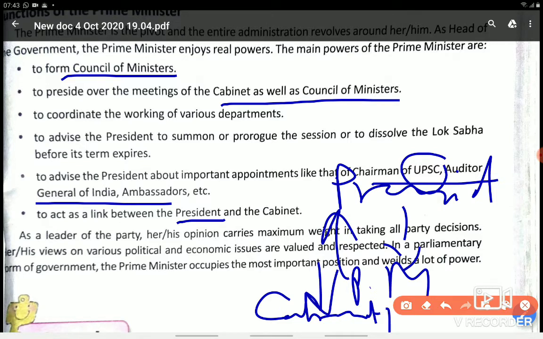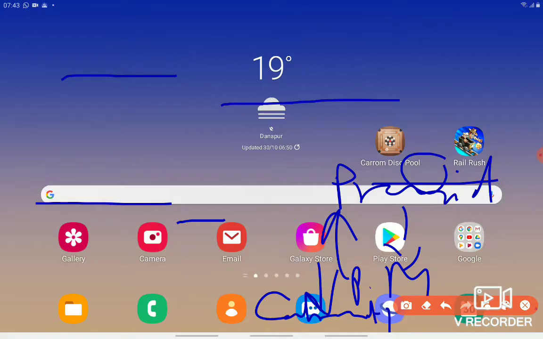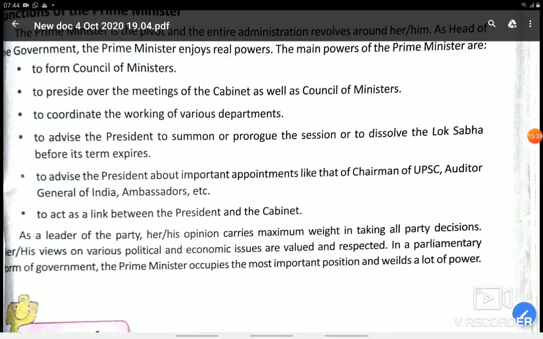As the leader of the party, his or her opinion carries maximum weightage in taking all the party's decisions, and his views on various political and economic issues are valued and respected.